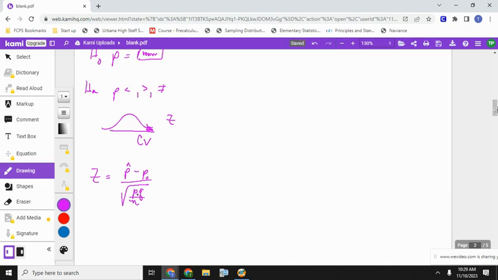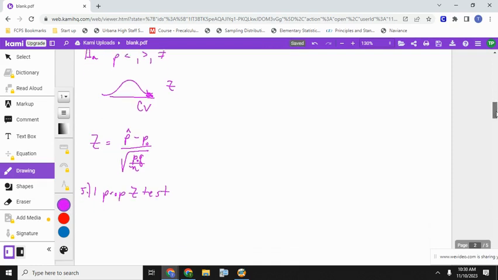And then on your calculator, it is 1-PropZTest, and it is number 5. And just like with confidence intervals, your p hat comes from your sample, your sample out of your total. All right, so that is for proportions, and then we'll talk about rejecting in your sentences in a minute.